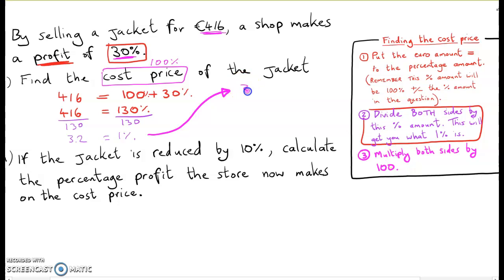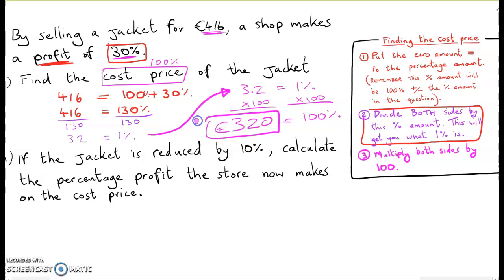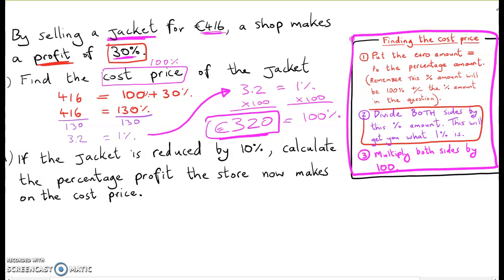Multiply both sides by 100. So 320 is equal to the cost price. So that's how much the jacket originally cost. Okay, we're just following these 3 steps all of the time.